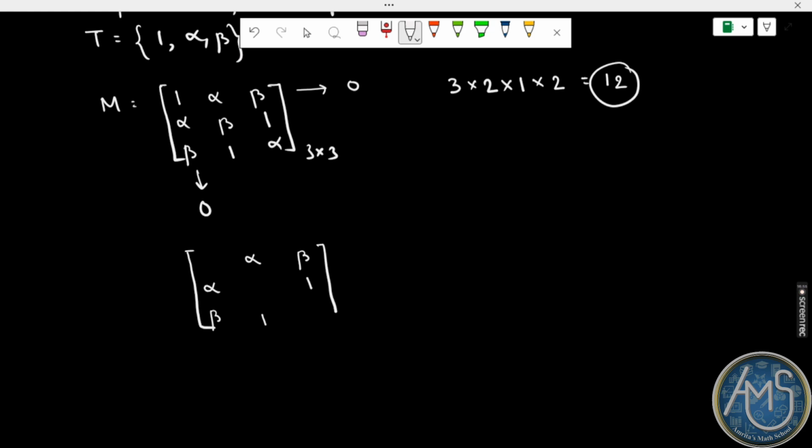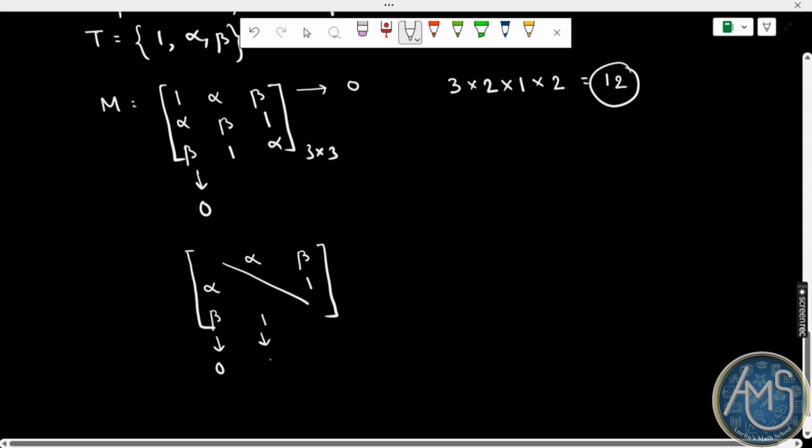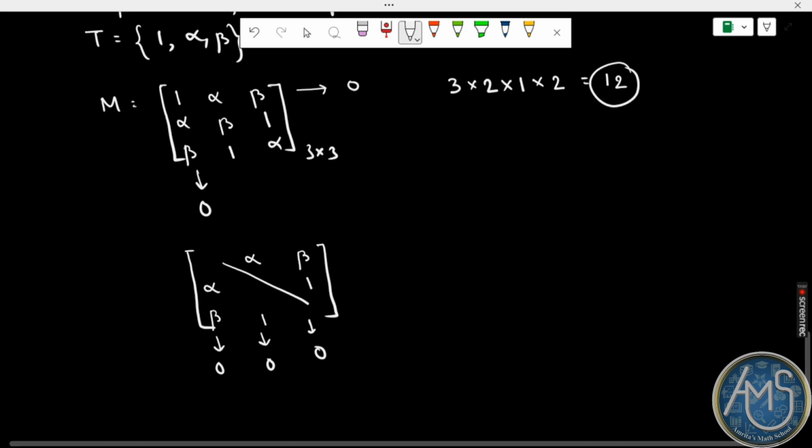So to fill this type of matrix where all column sums must be 0, all the column elements must be a combination of 1, alpha, beta, and since it is a symmetric matrix, the choices are fewer. Then we can have only 3 factorial ways.